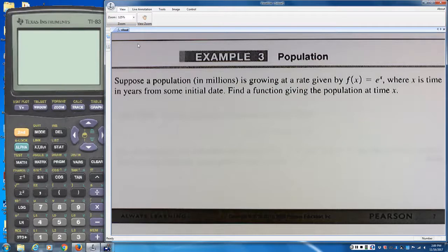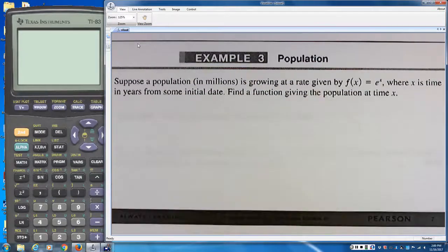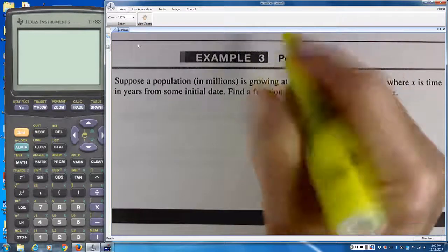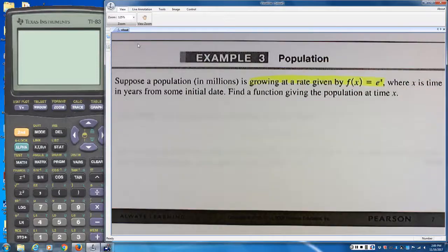What function would find the population, the value of the population at time x? Because it says it's growing at a rate. That tells you that's a derivative. That tells you f of x equals e to the x is the derivative.